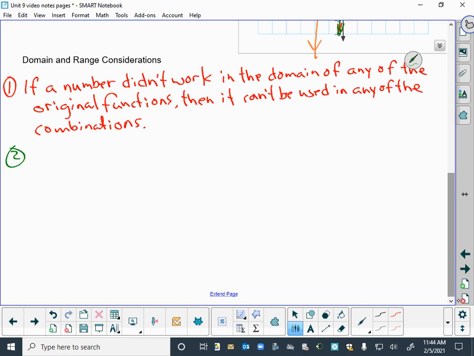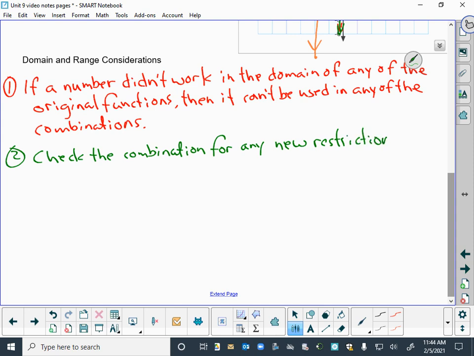Okay, so that's number one, is that we would have to continue with the domain restrictions from the original problem, and then we also have to check the combination for any new restrictions.